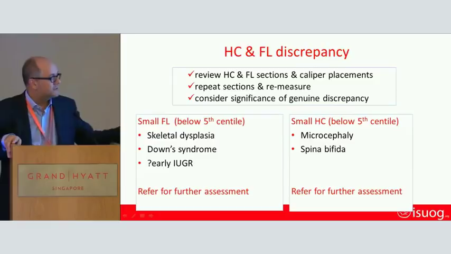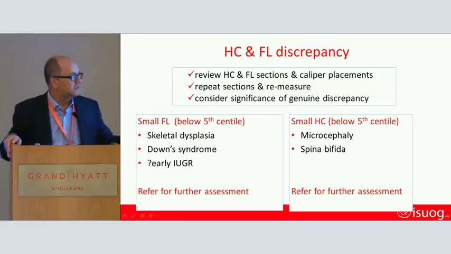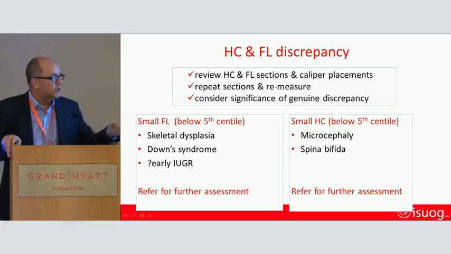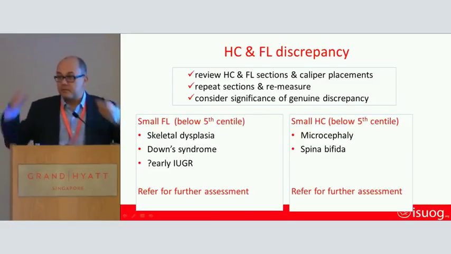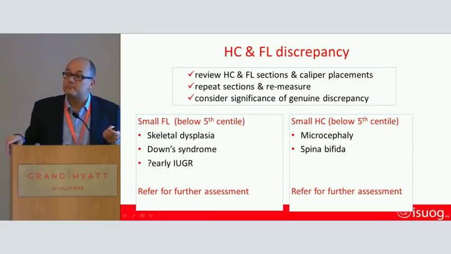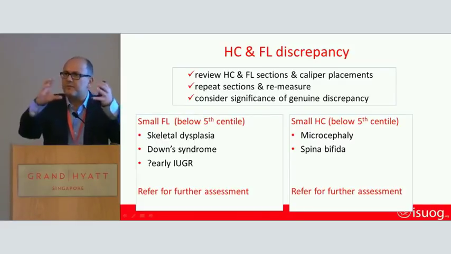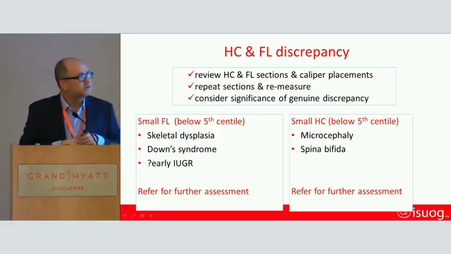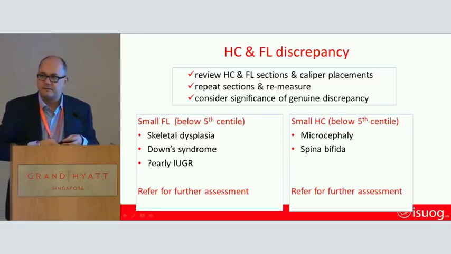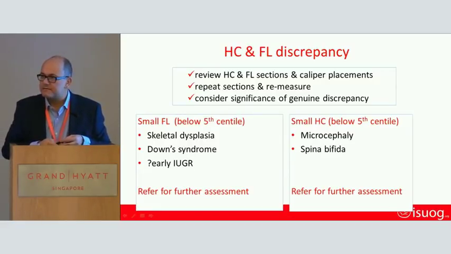Perhaps the baby has a very small femur because of skeletal dysplasia or another problem, early growth restriction. Or the head circumference may be small because the head is not normal. Yeah? So just be aware that you need to have the two roughly in agreement before you can use those for gestational age assessment. Is that more or less clear? Good.